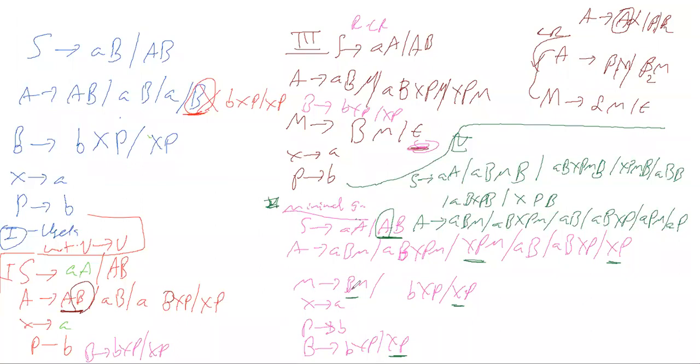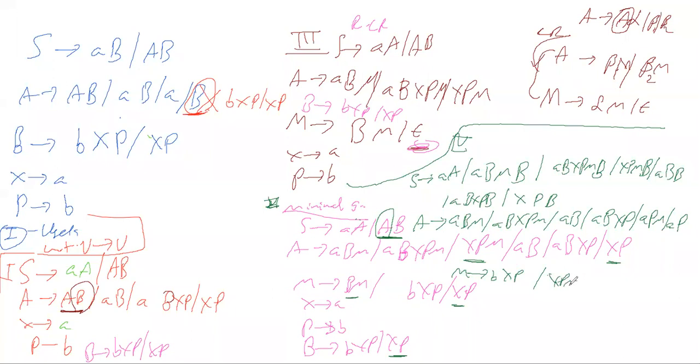M implies BM. There B we need to replace with the production rule. Then M implies XP. There X we have to replace with the production. So the production M becomes BM. Instead of B, you will be writing BXP slash XP.